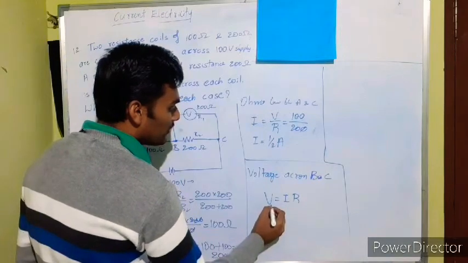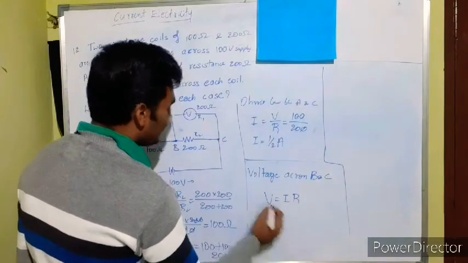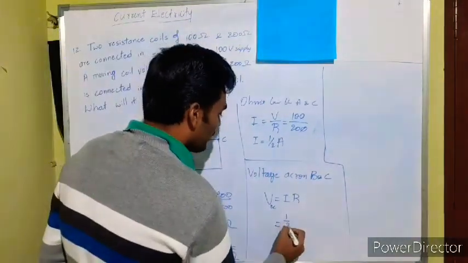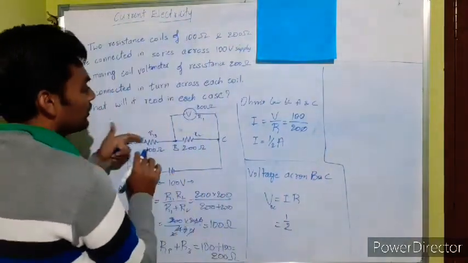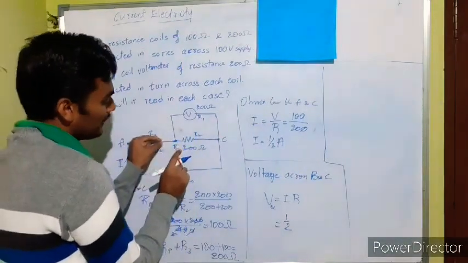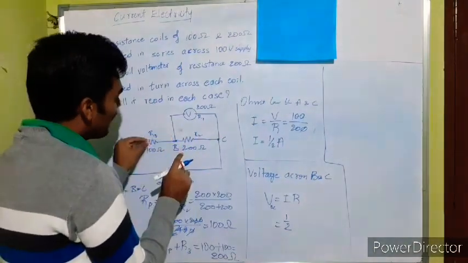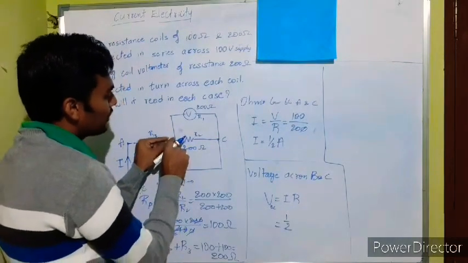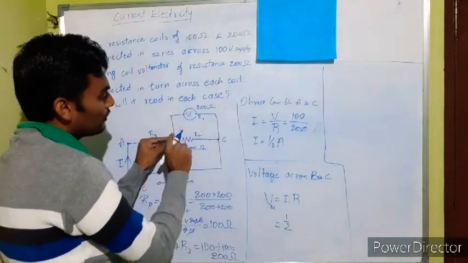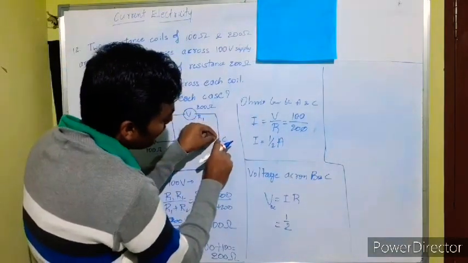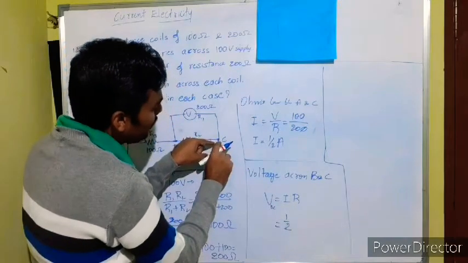The current through the network is half ampere. The same current flows through the combination. Here the current will split at this point, half ampere splits equally, 1 by 4 ampere each, and together they join and become half ampere again at point C.